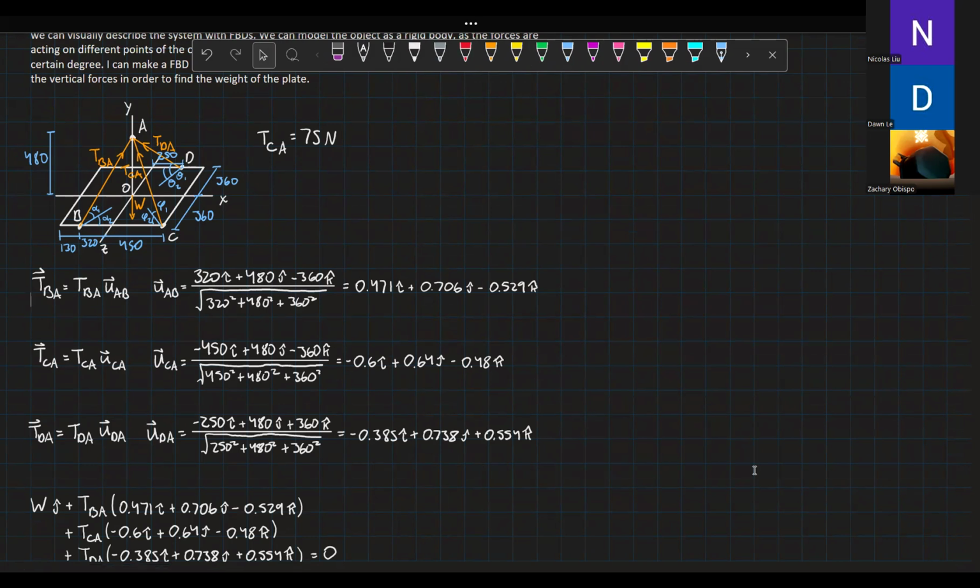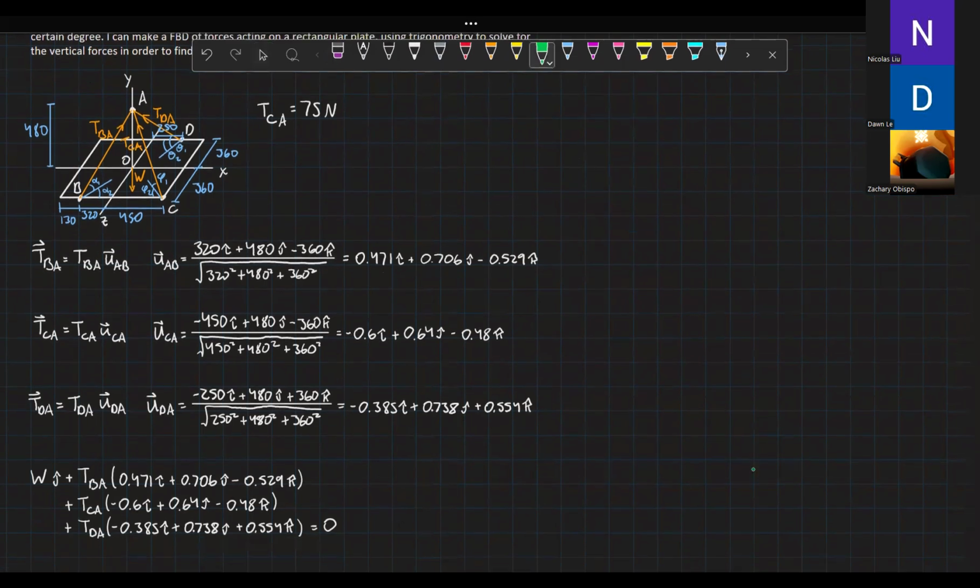And so start out with how you started with the unit vectors. So the unit vector tension in B to A is equal to the magnitude and the unit vector. To find that unit vector, you need to divide the vector by its own magnitude.